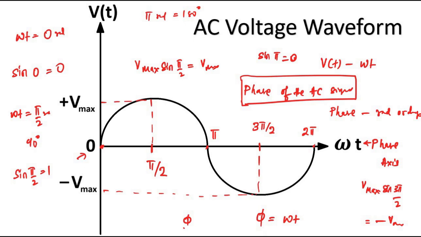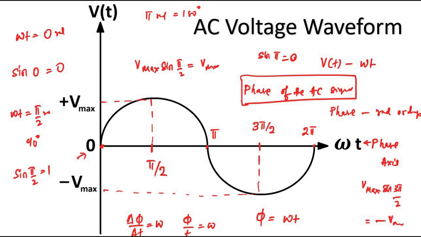Phi by t is equal to omega, or del phi by delta t is equal to the angular frequency. A certain change in phase brought about in a certain change in time gives us the angular frequency in radians per second. Now this is the phase of the AC signal.